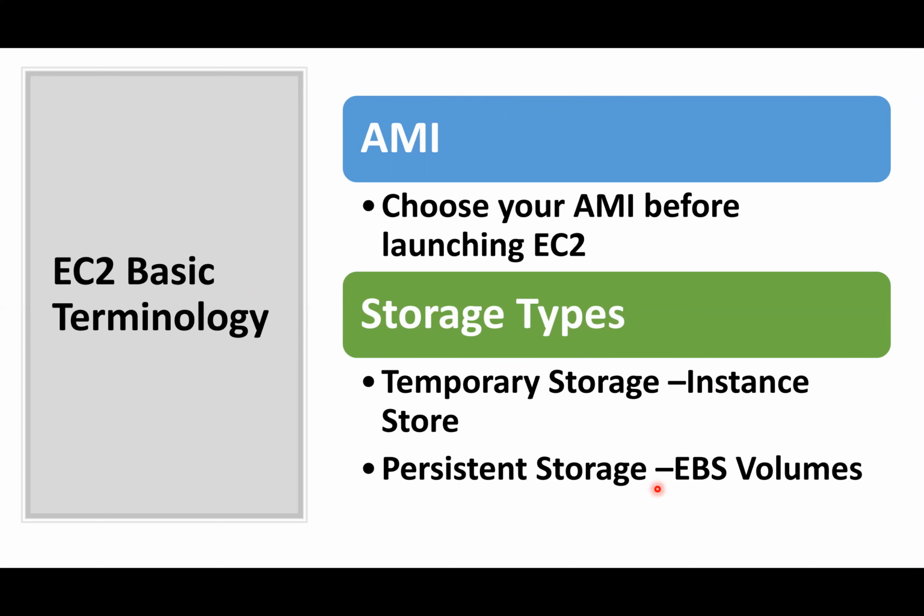We'll talk about EBS volume today only, but there is a special section given for EBS, so we'll talk in detail about that. Right now, just keep in mind that EC2 can have temporary storage or persistent storage. Persistent means permanent storage. EBS volumes provide the persistent storage, and instance store provides your temporary storage.